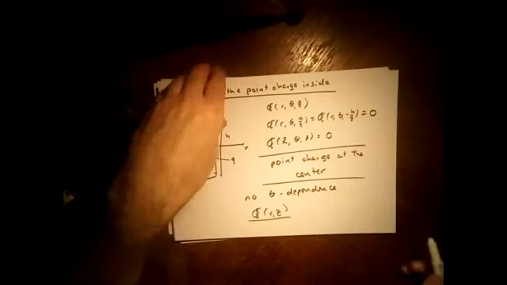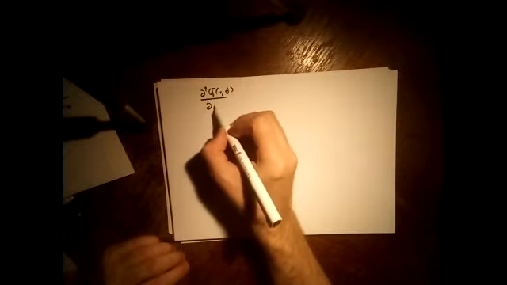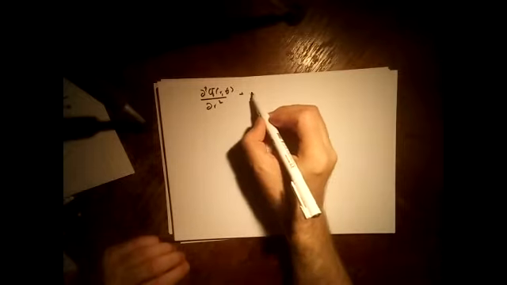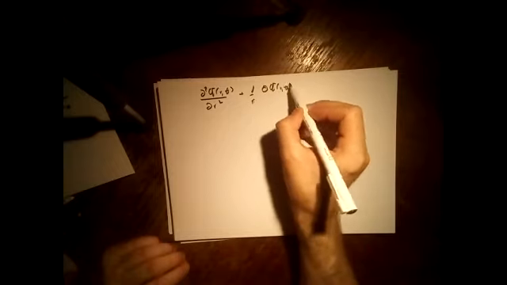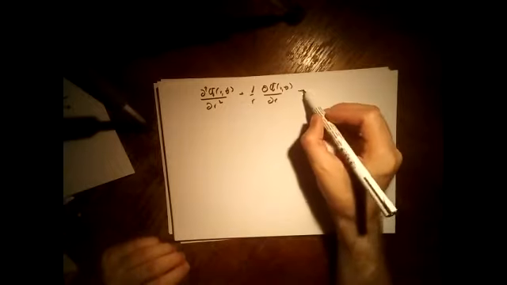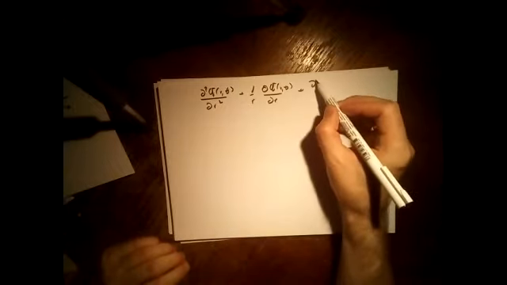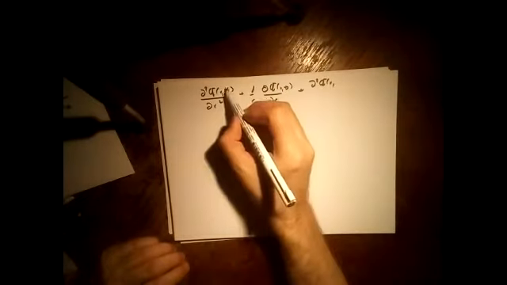I can immediately write the Laplace equation: the second partial derivative of phi with respect to r, plus 1 over r times the partial derivative of phi with respect to r, plus the second derivative with respect to z. Apologies, I had written theta there; this should have been a z.